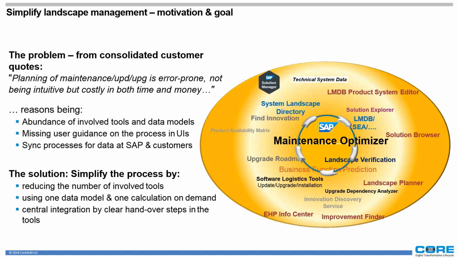That has been a very painful process. There are many tools and definitions involved. We had SMSY in the past, LMDB, and all these tools that just made it very difficult. And sometimes you would spend more time on the maintenance optimizer than on the upgrade itself, just trying to get this tool to work.